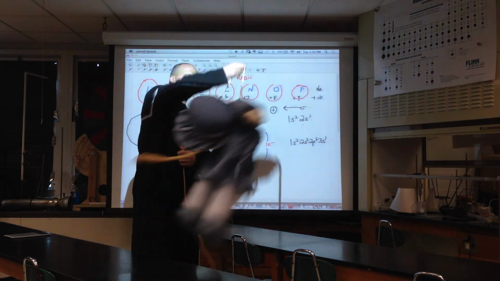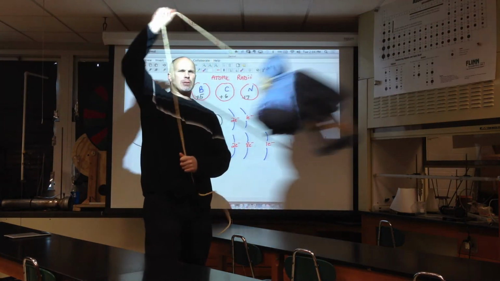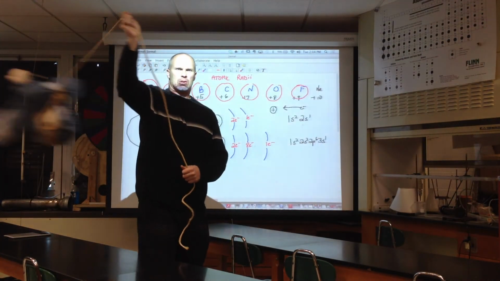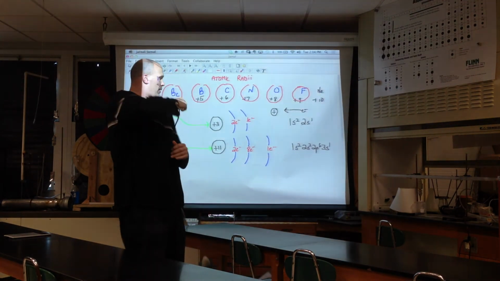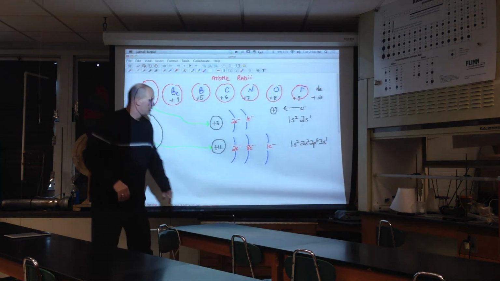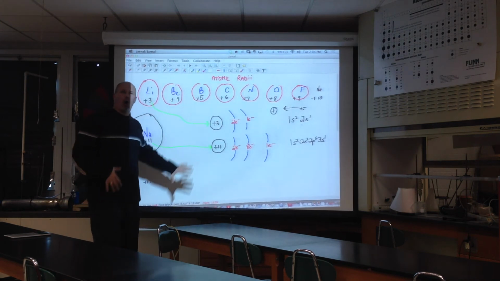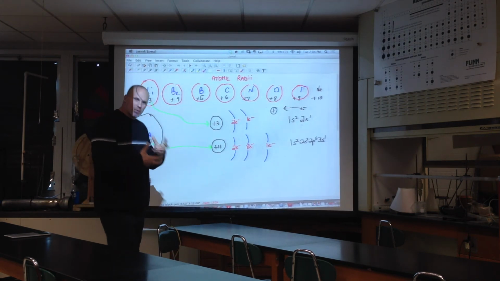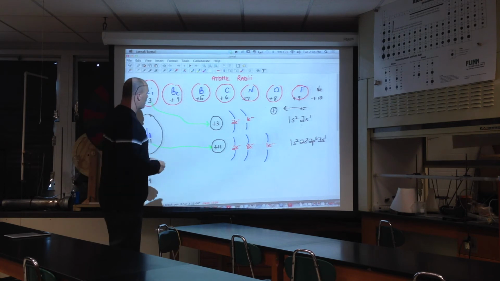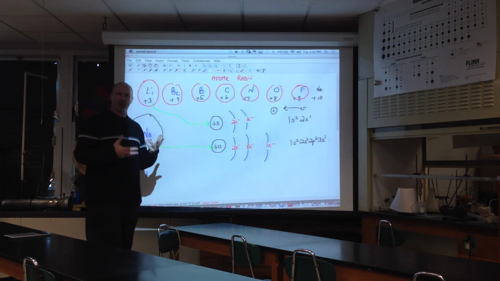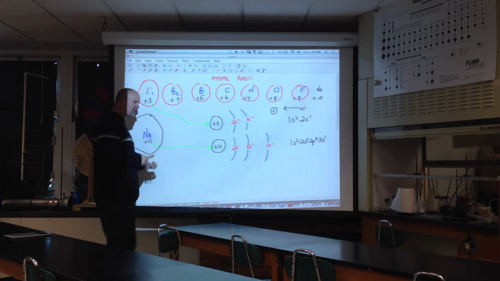In fact, because they lose electrons so easily, as we keep saying, they tend to become positive ions. They need low energy to pull one away, so they do so very easily. And they have low attraction for electrons. They don't tend to gain them, they tend to lose them.